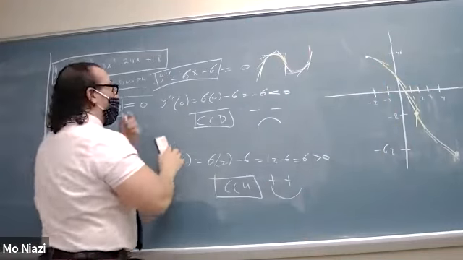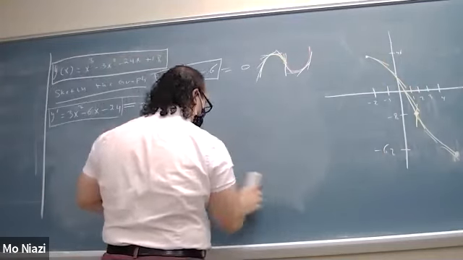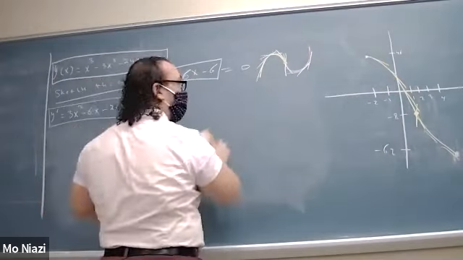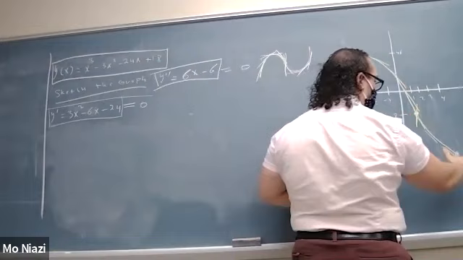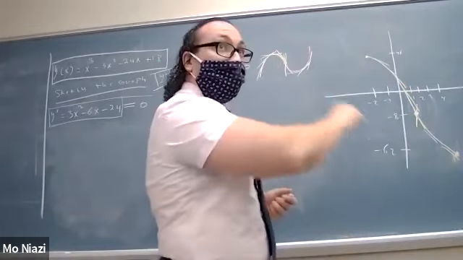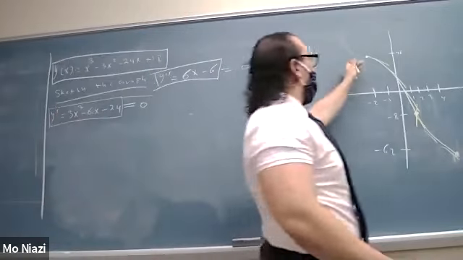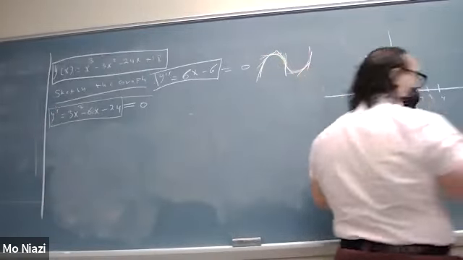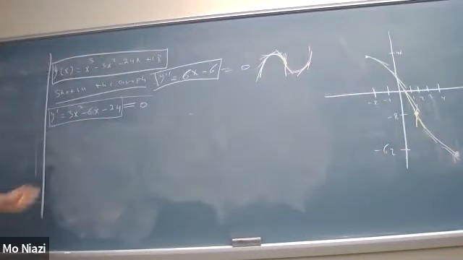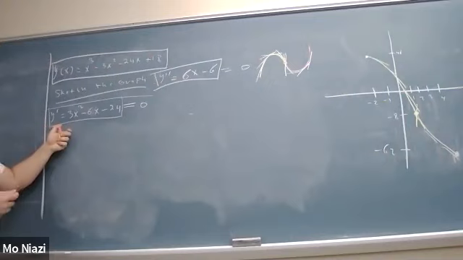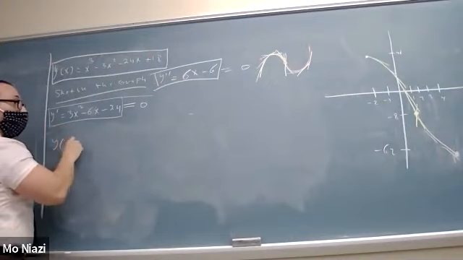Let us now consider whether it's an increasing or decreasing function to the left of that. We had to assume that if this point was connected to this point, that's how you connect them because it's continuous. But now to the left here and to the right here, we don't have any information. So we now have to analyze the first derivative and input something like y prime of -3, for example.